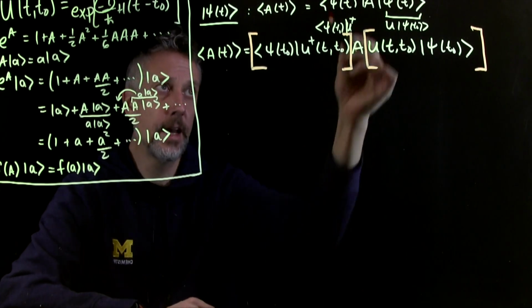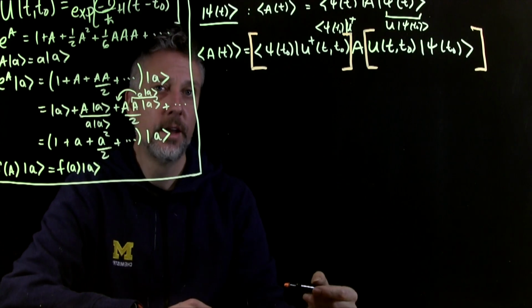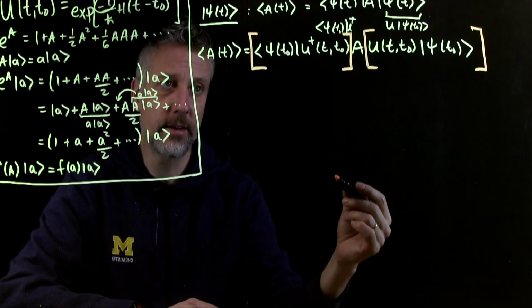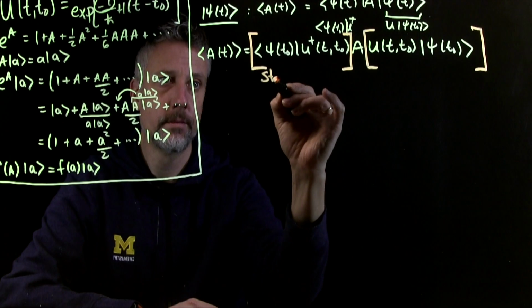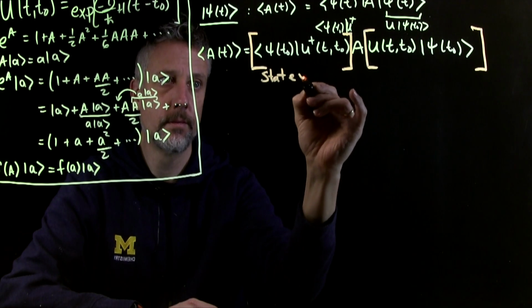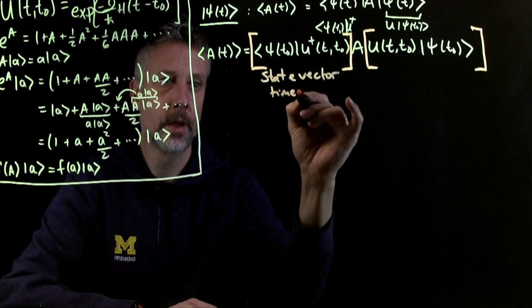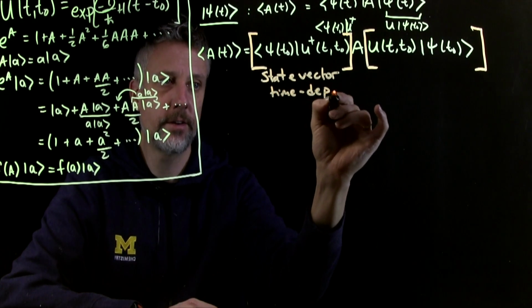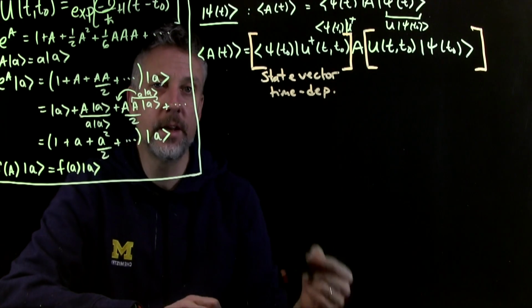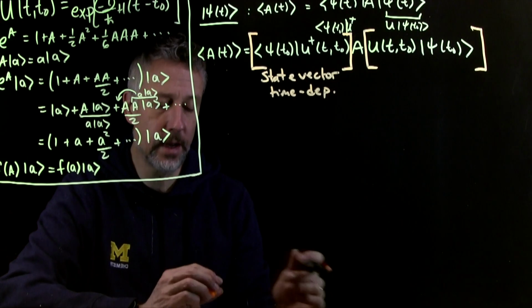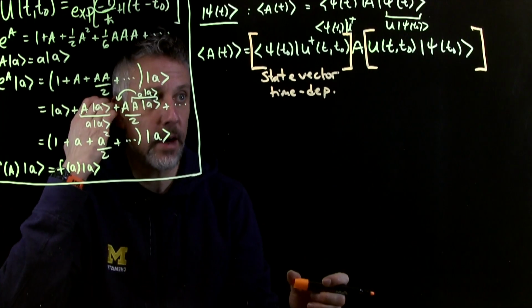When I do that, I have the picture that I had before, which is that the state vector has time dependence, and the operator, as I just said, is time independent. That's the way many of you will have already thought about this.